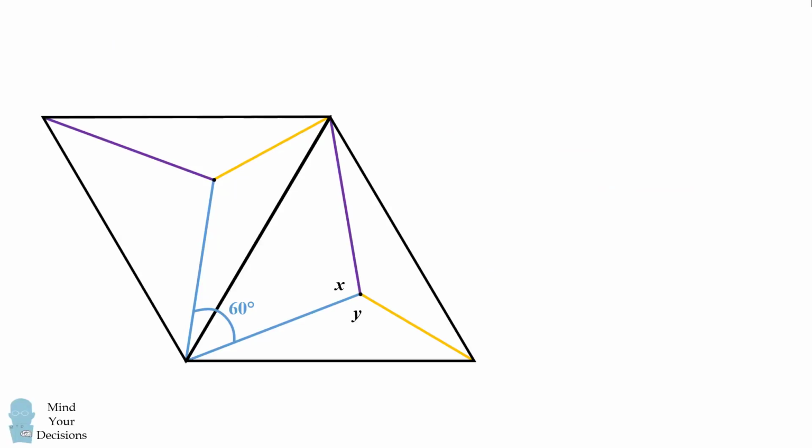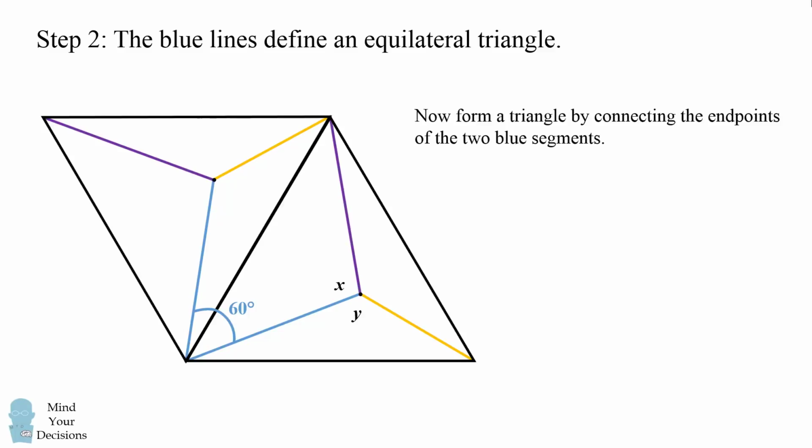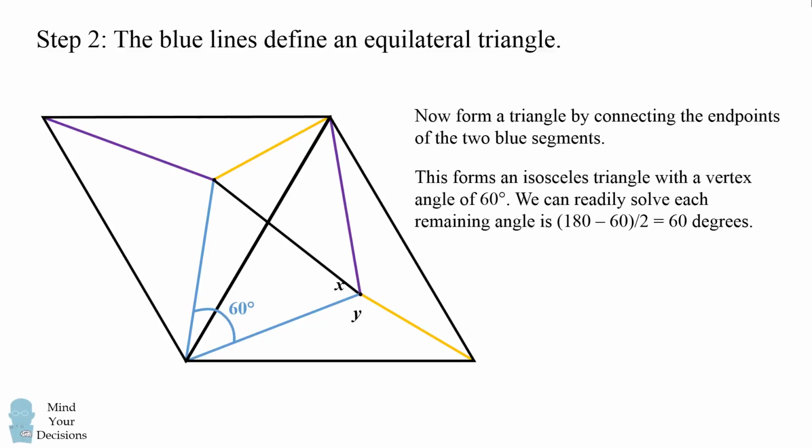Next, we'll show that the blue lines define an equilateral triangle. We'll form a triangle by connecting the endpoints of the two blue line segments. The two blue line segments have the same length. Therefore, we have an isosceles triangle with a vertex angle of 60 degrees. The remaining two angles will be equal to each other and the sum of the three angles in a triangle is 180 degrees.